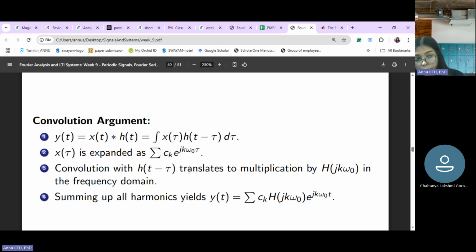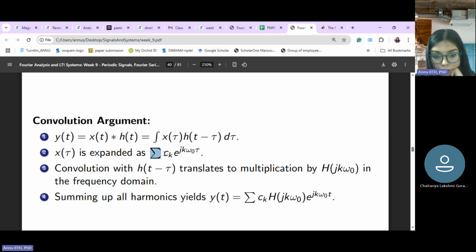Since y(t) can be represented as x(t) convolved with h(t), and it can be written with x of tau, and since x of tau is again a periodic signal, it can be represented as a Fourier series.